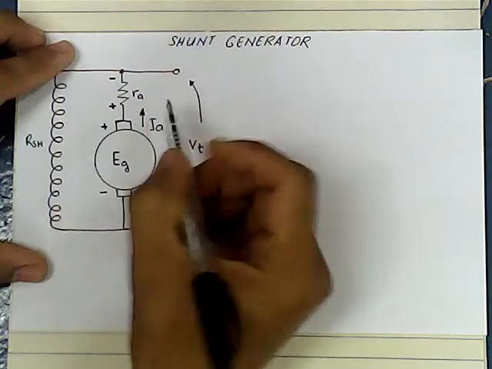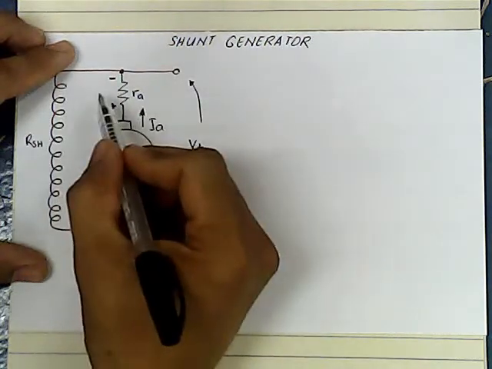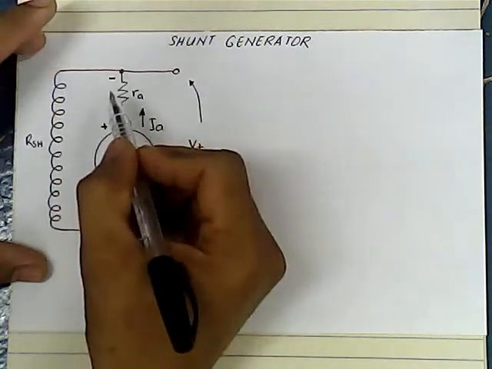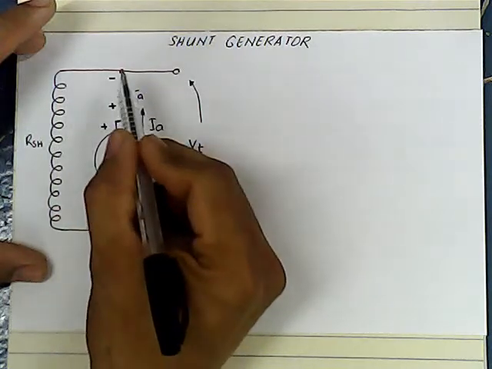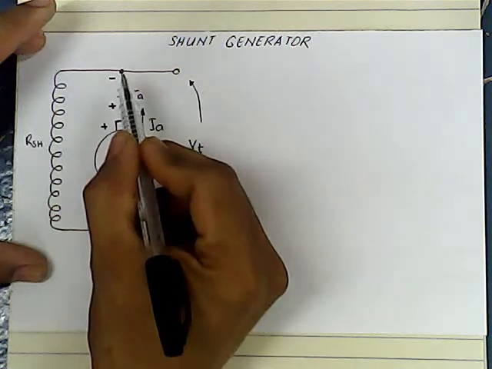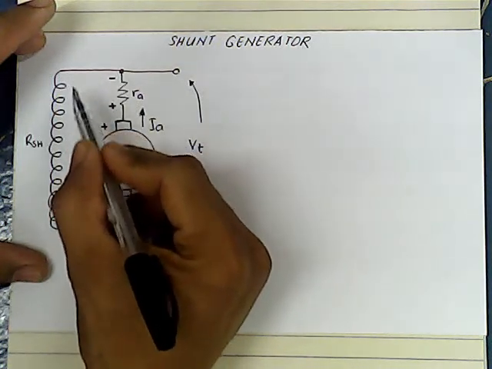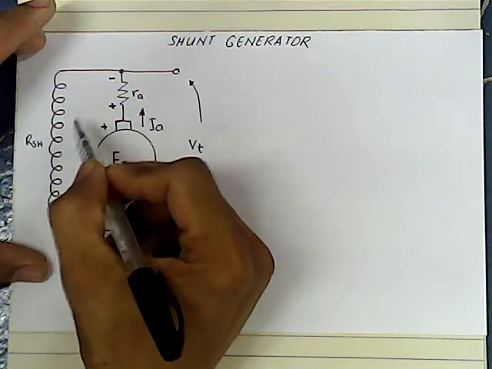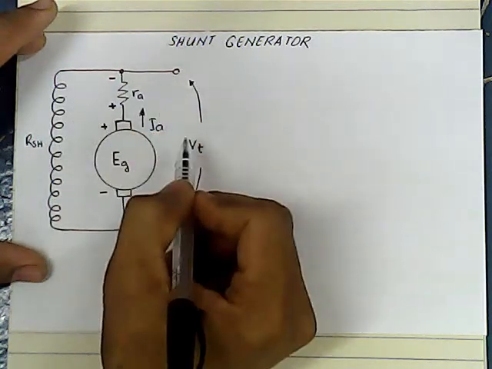Yan. Ngayon, pagdating natin dito sa shunt field, ang magiging direction ng kuryente natin, dahil dadaan siya dito sa node na ito, ngayon, papasok yung IA dito, ngayon mahahati yan into two parts. Yung isa pupunta dito sa shunt field, and then yung isa naman pupunta dito sa terminal natin.